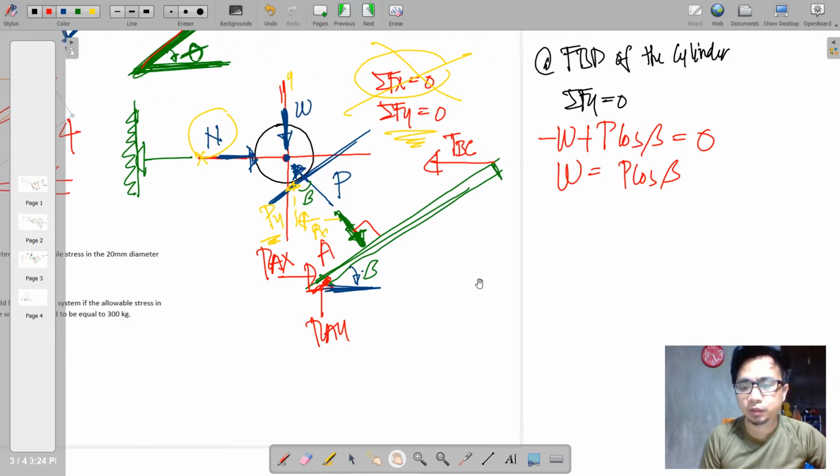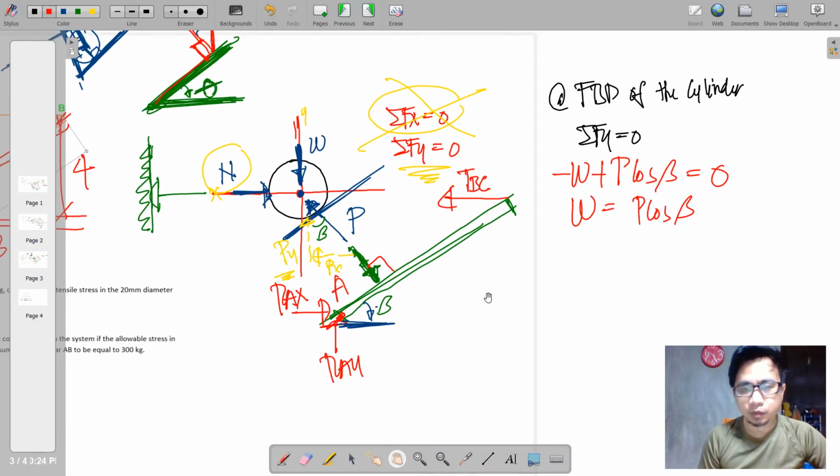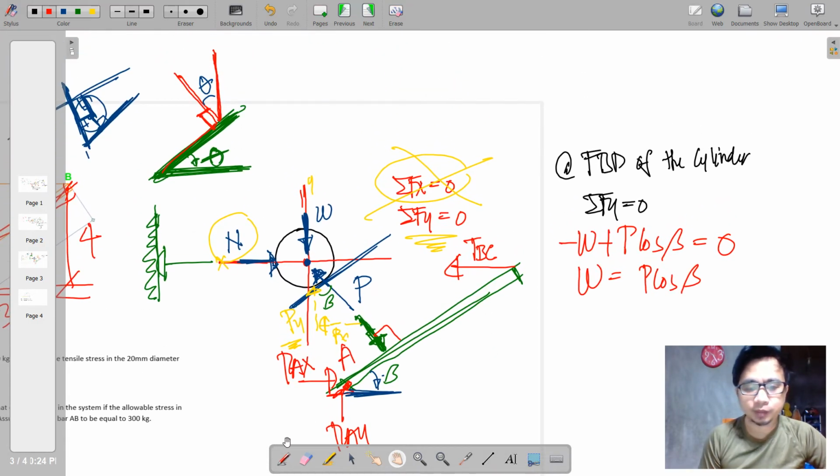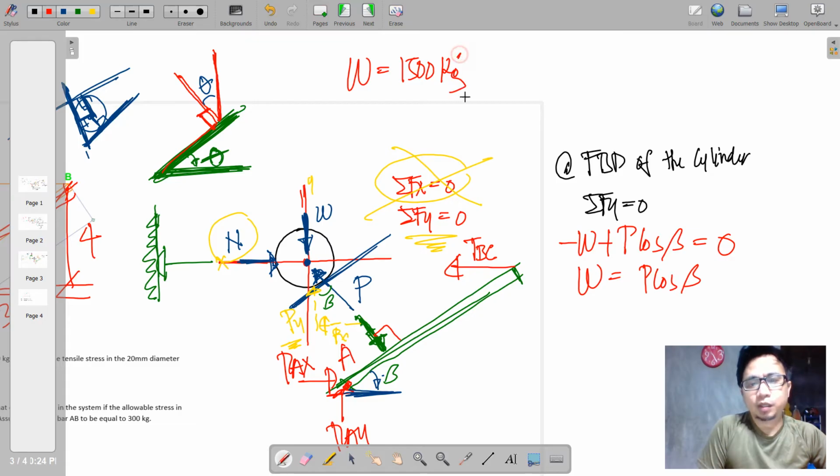1,500 kilograms. However, kilograms is a unit for mass. To make it a unit of force, of course, we need to multiply it by 9.81 meters per second squared, or the acceleration due to gravity, because of course W is mg.